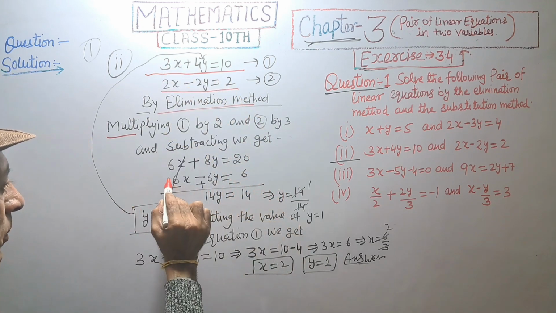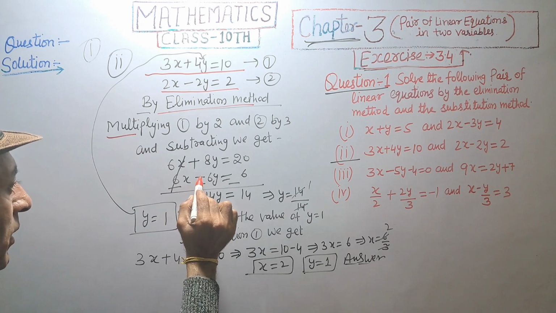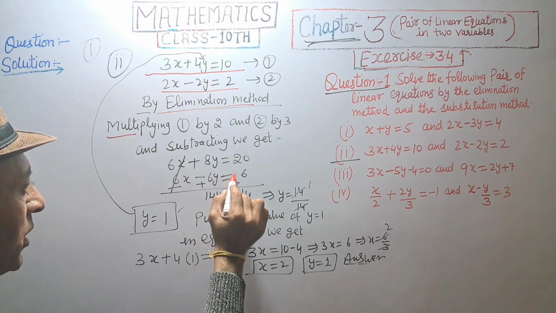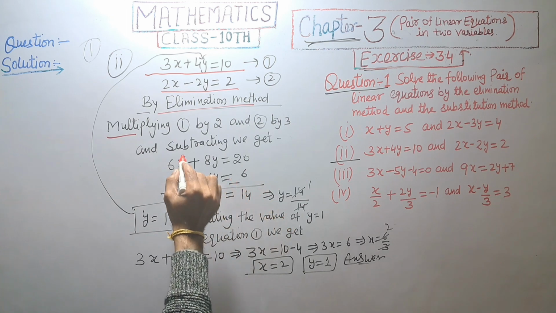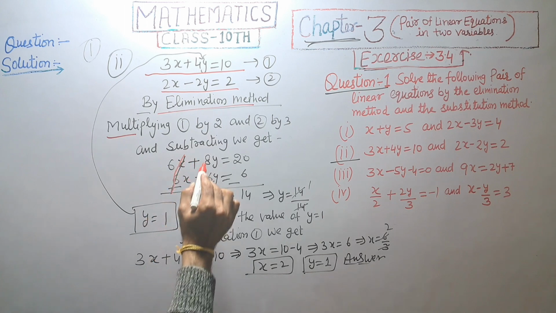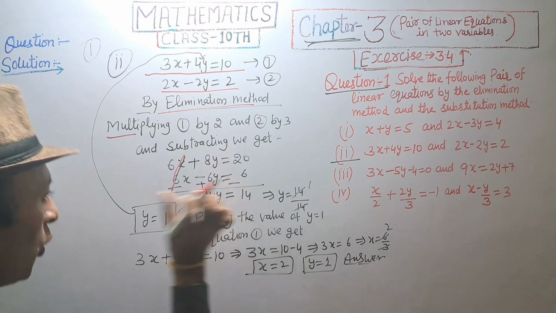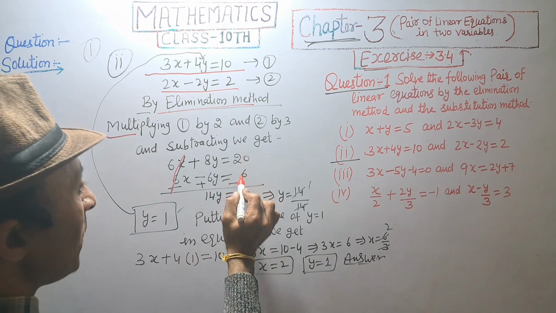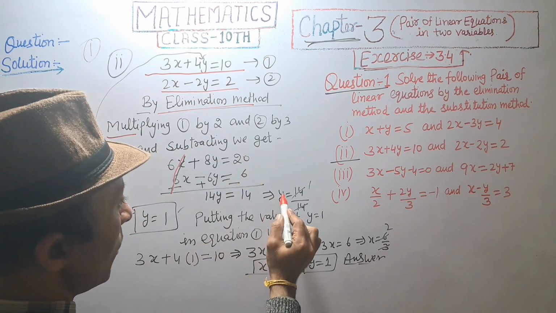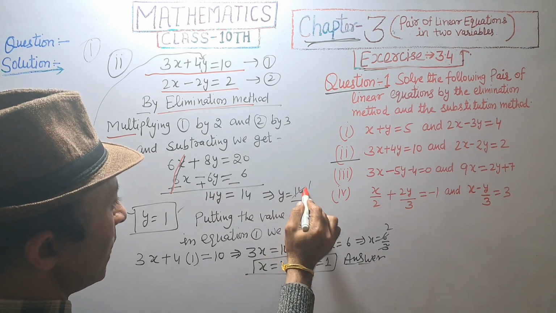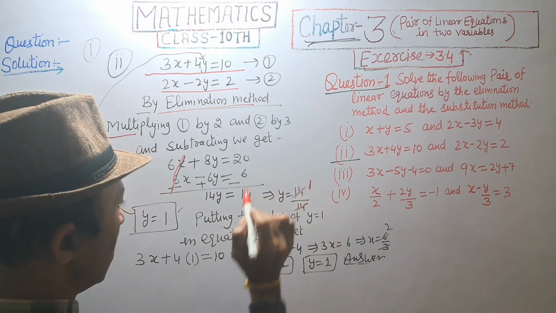Sign change, plus that will be minus, negative that will be positive, and 6x cancels. 8y plus 6y is positive 14y and 20 minus 6 equal to 14. y is equal to 14 divided by 14, that is 1.